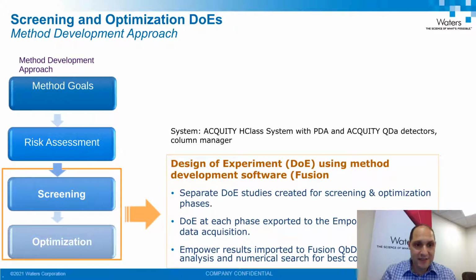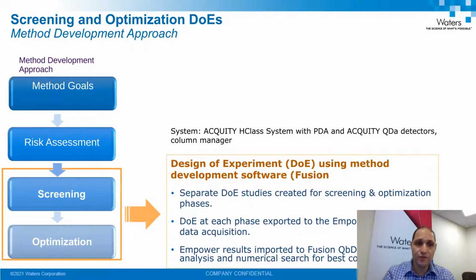Separate DOE studies were created for screening and optimization phases. DOE at each phase was exported to the Empower software for data acquisition. After completing the runs, we processed data in Empower and imported results to Fusion QbD for statistical analysis and modeling.